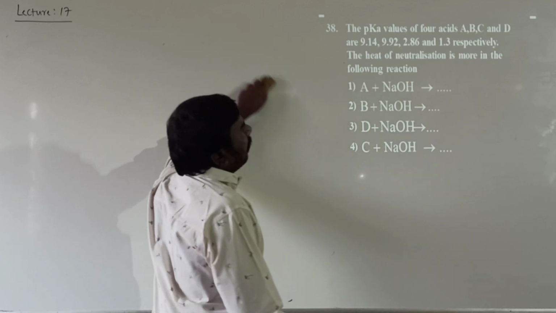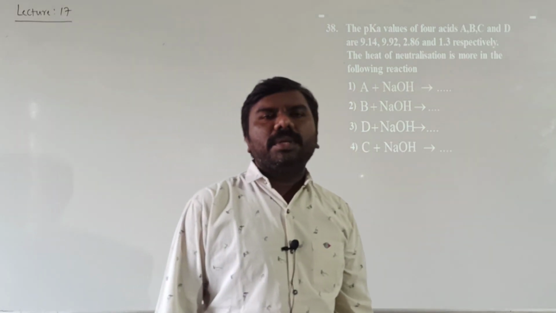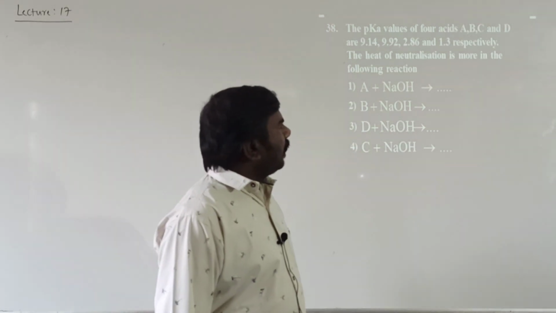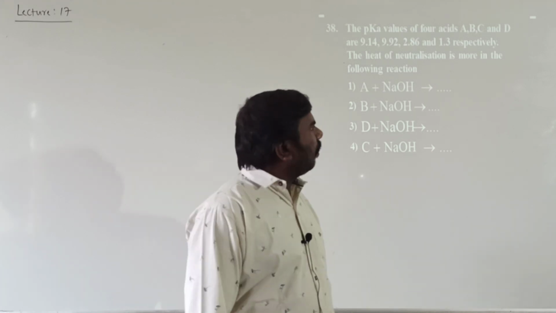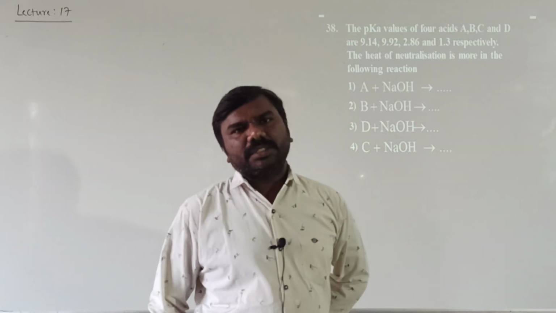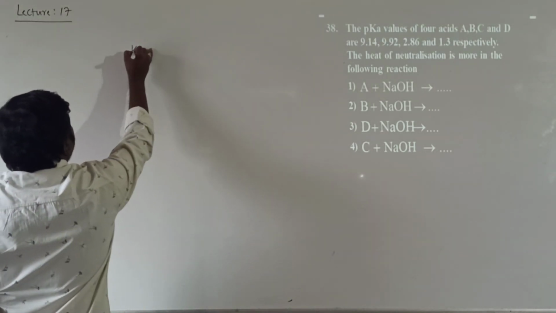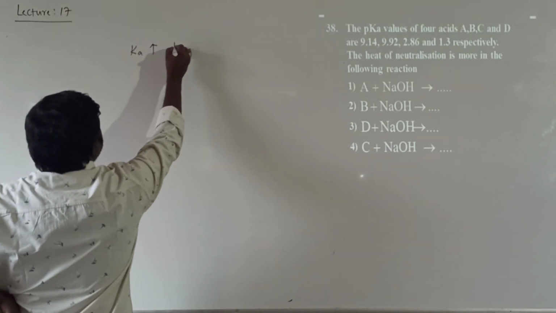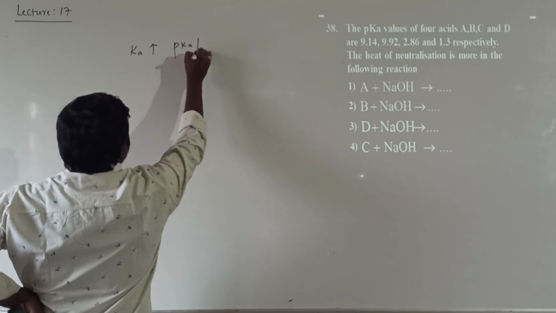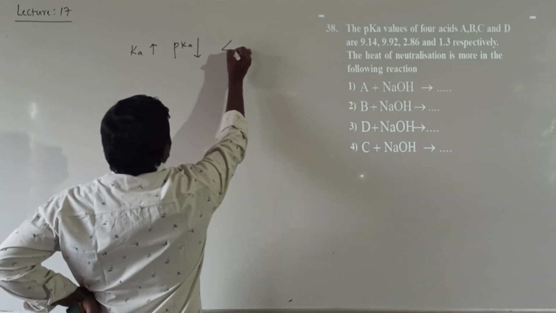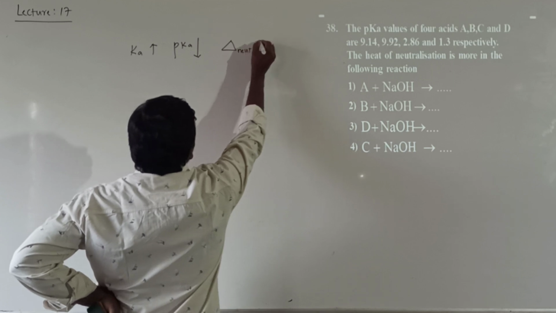The pKa values for 4 acids A, B, C, D are given, and the heat of neutralization is more in the following reaction. You just observe, students, Ka value increases, pKa value decreases, enthalpy of neutralization increases.